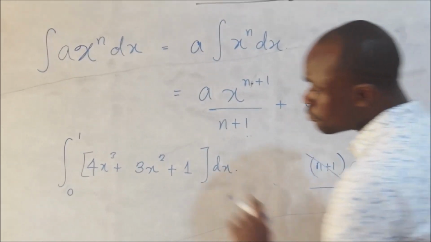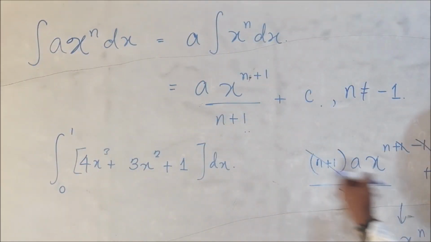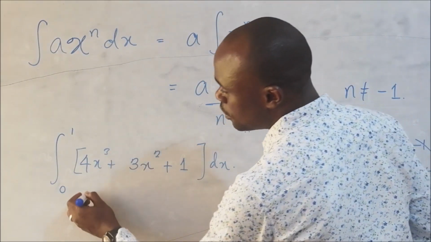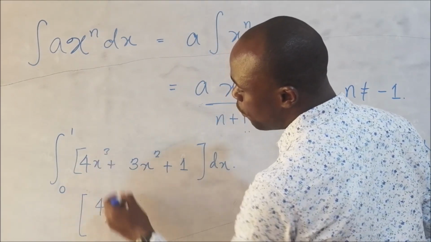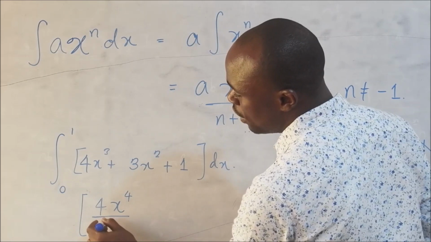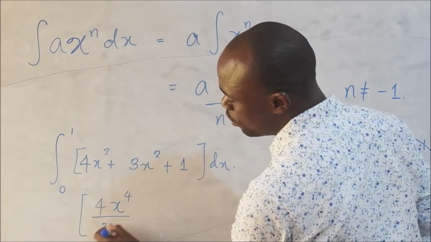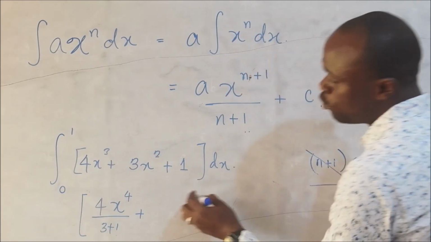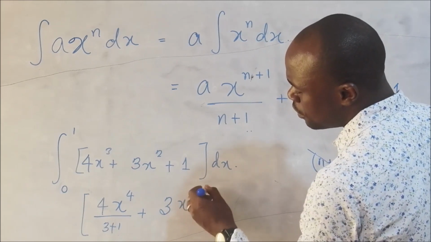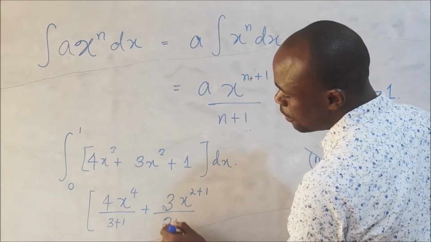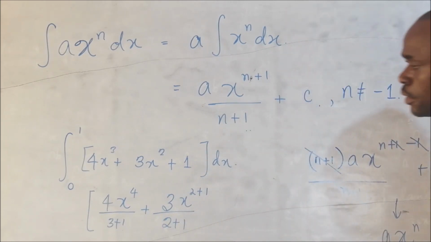Very simple. Applying this formula, you simply add 1 to the power. Simply add 1 to this, so 3 plus 1 is 4, over 3 plus 1. This will be 3x to the power of 2 plus 1, divided by 2 plus 1.